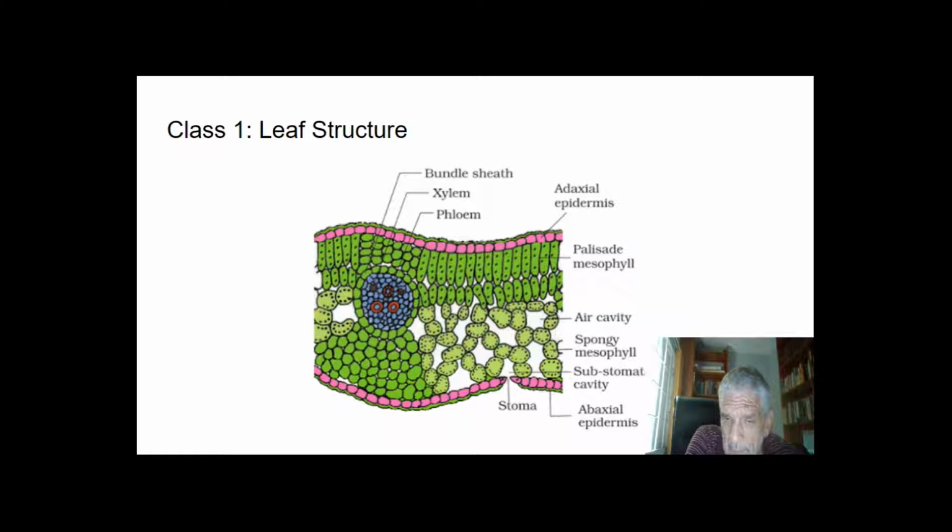And you have a stoma here. Stoma means mouth, and it allows air to get into this airspace. And all the air spaces are interconnected. And that's important. The air spaces need to be interconnected so that gaseous exchange can occur.